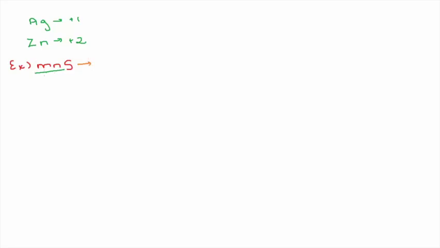So for example, if I just wrote manganese sulfide, my first response would be, well, what's the charge of manganese? Because I don't know this formula. All you're telling me is manganese sulfide. And looking at the periodic table, I can't determine that. And so what I would need to do would be I would need to write manganese. And then the next thing I need to do is I need to determine the charge of manganese.